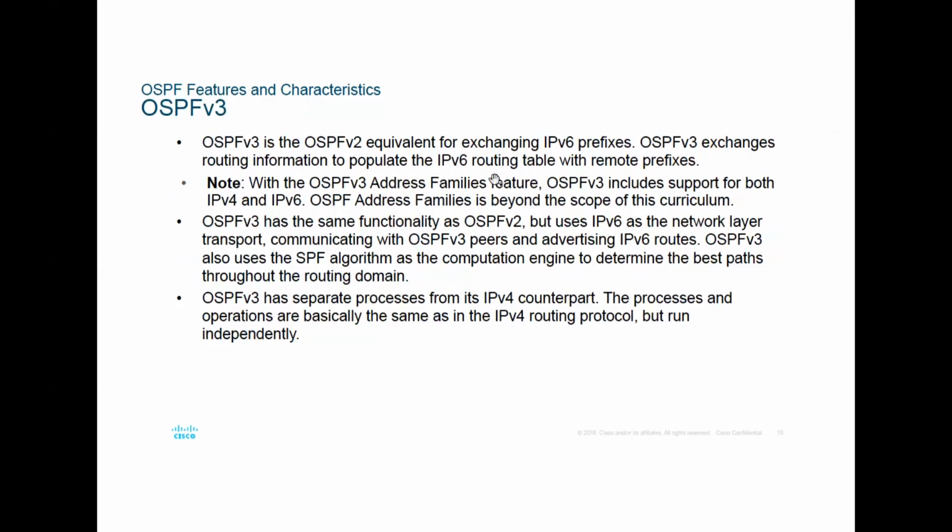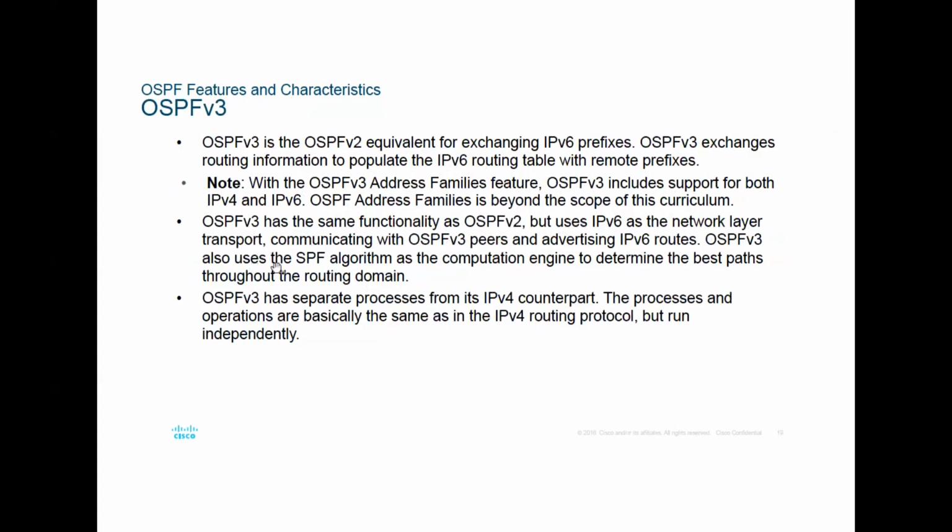Note, with the OSPF version 3 address families feature, OSPF version 3 includes support for both IPv4 and IPv6. OSPF address families is beyond the scope of this curriculum. OSPF version 3 has the same functionality as OSPF version 2, but uses IPv6 as the network layer transport, communicating with OSPF version 3 peers and advertising IPv6 routes.